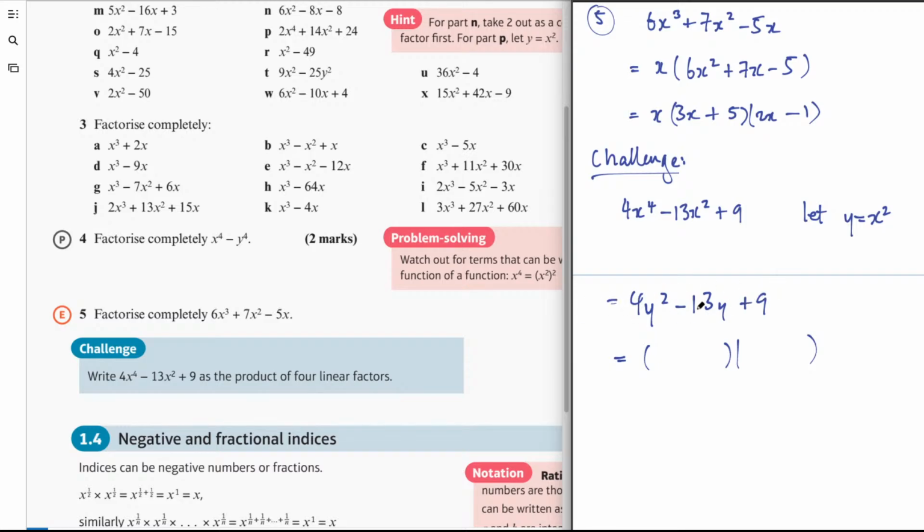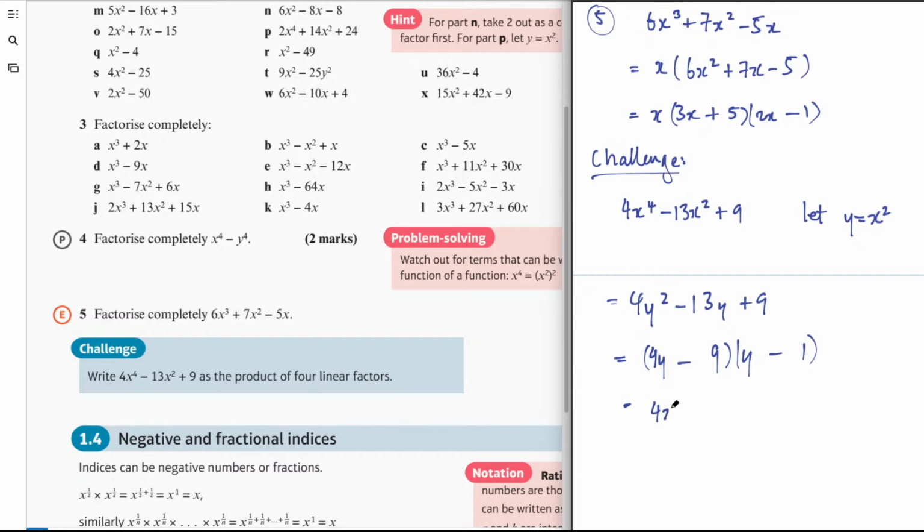Oh, it's going to be 9 and 1 and 4 and 1, isn't it? So 4y and y. And then we multiply that by 1, and then we have the 9 in here. So we need a negative, so they'll both be negatives. That gives me 4y squared take 13y plus 9. And then replace that with x squared.